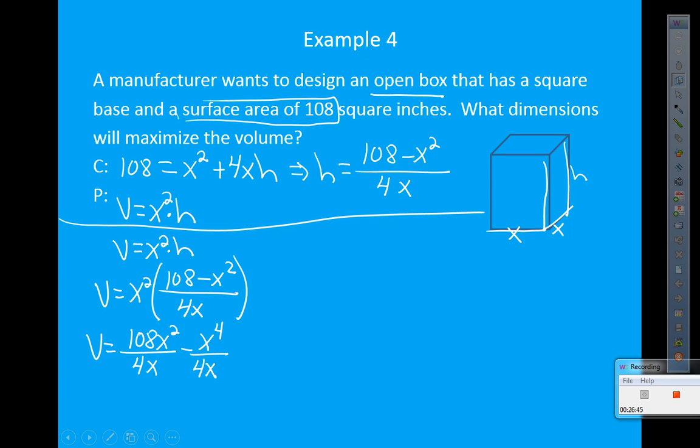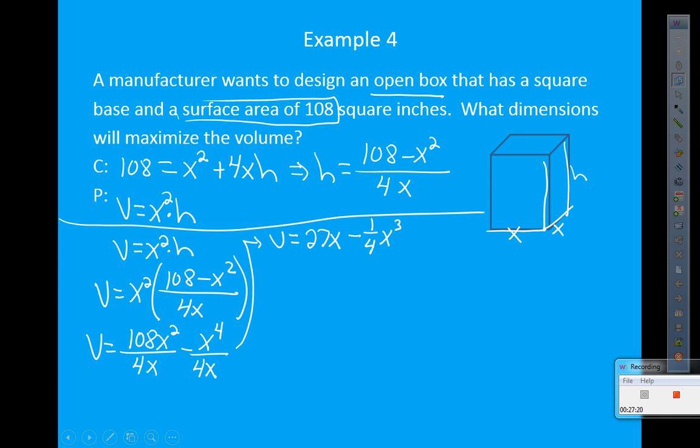I think in the video, with me not there in class to talk you through it, that's going to be our easiest. Let me come up here now, and let's simplify this before we do the derivative. 108 divided by 4 is going to be 27. So I've got 27x, one of my x's is going to cancel off, minus 1/4 x cubed.